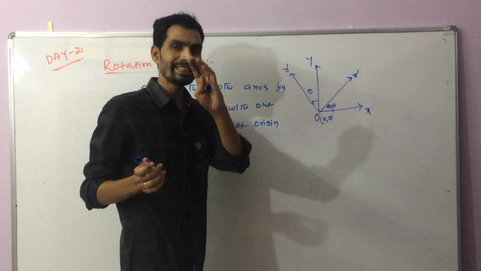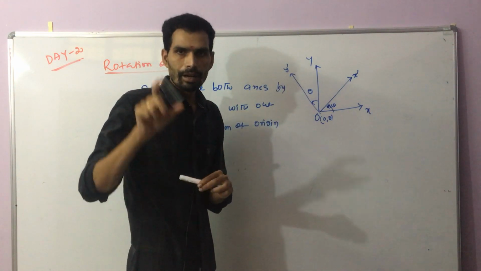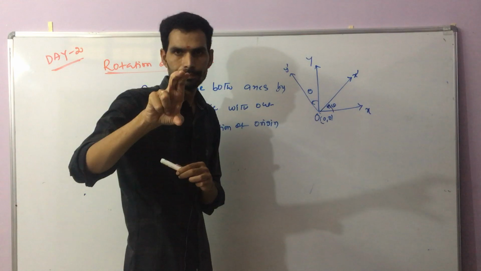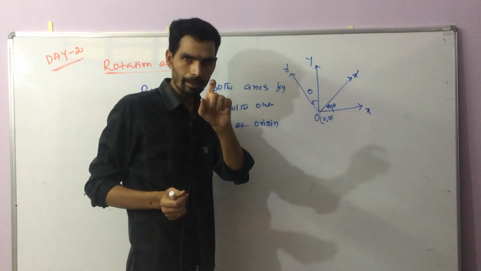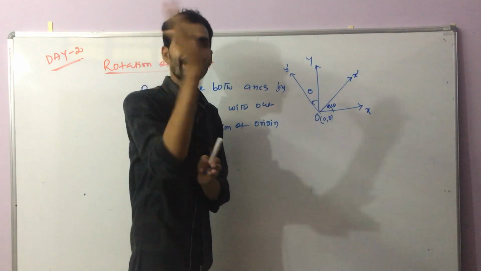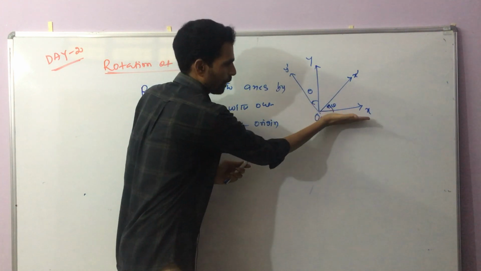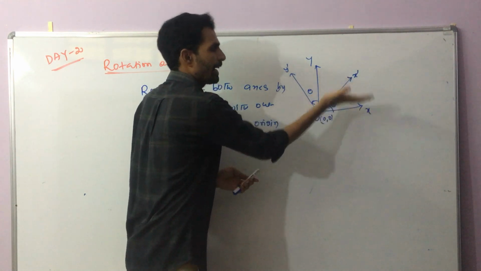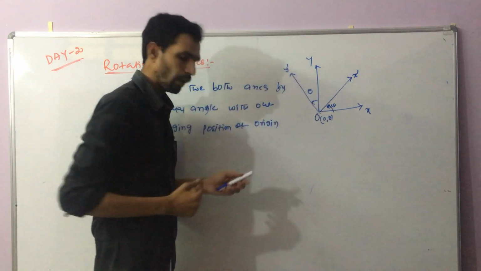Here only the direction of the axes is changing. In the previous definition, direction of axis is fixed and origin is shifted. Now here the origin is fixed, but axis direction has changed. So to rotate by an equal angle theta, just transform x to x dash and similarly y to y dash.